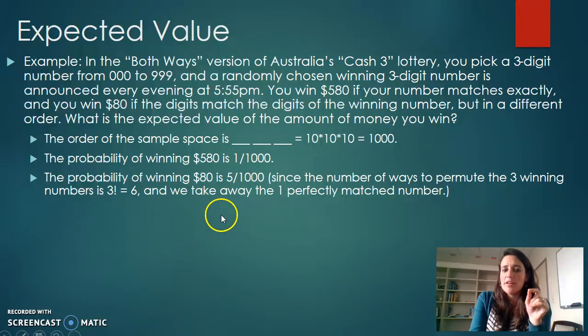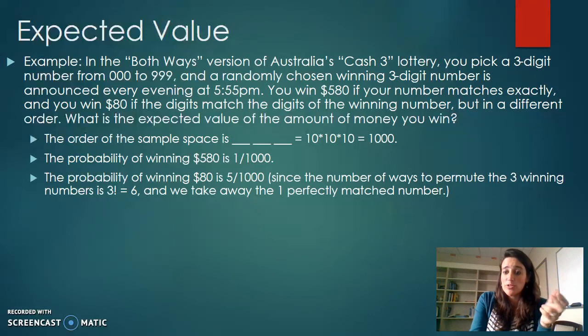The probability of winning $80 is 5 out of 1000 because the number of ways you can permute the 3 winning numbers would be 3 factorial, and we take away that one perfectly matched number. So for example, think about the winning number being 123.